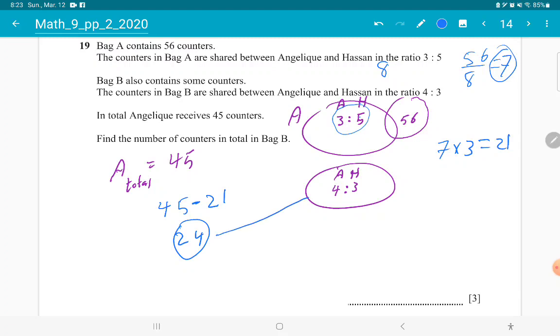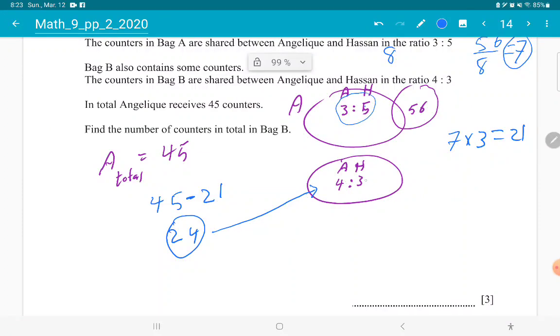So Angie has 24 in bag B. Hassan has a 3. So 7 times 3, that's 21 for Angie in bag A, and 24 for Angie in bag B.